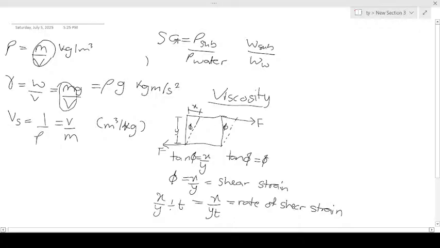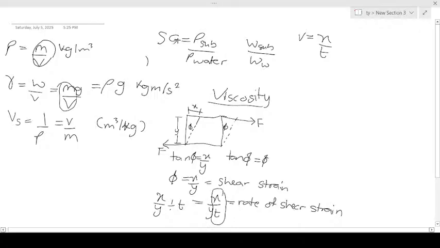But then we also know that velocity is equal to distance traveled over time. And we can see that over here. This portion, you can see this.